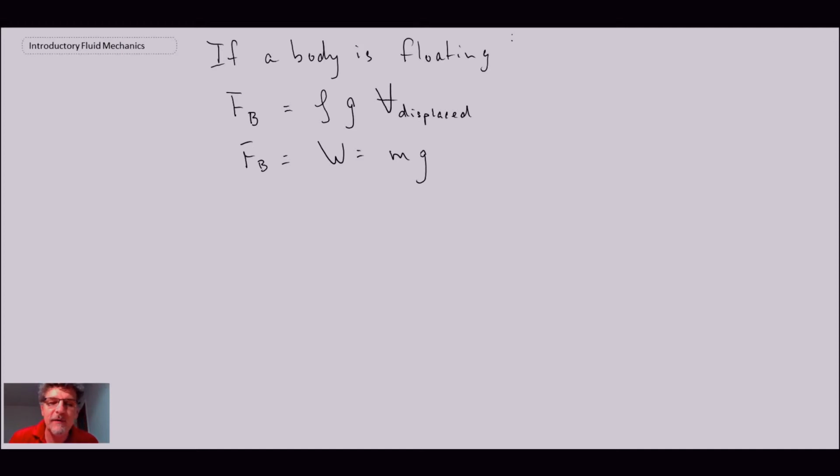So this would give the equilibrium for a floating body, and we know that the buoyancy force is this, but it also needs to be equal to the weight. That would be for the case of a floating body that's not moving up or down, but just sitting in the water. And with this, we can write out a few rules.